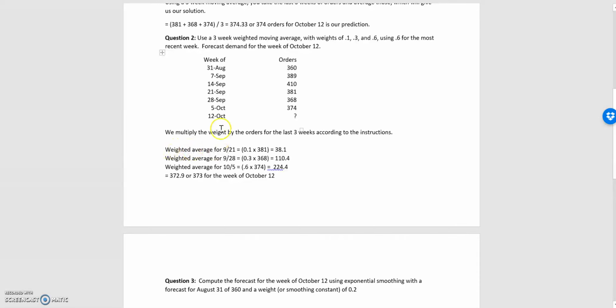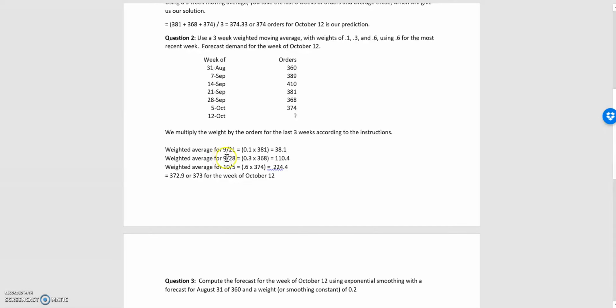Weighted average for 9/21 is 0.1 times 381, and I'm using 0.1 because these are the weights I'm assigning, with the highest 0.6 being for the most recent week and then going down. So for 9/21 we get 38.1.